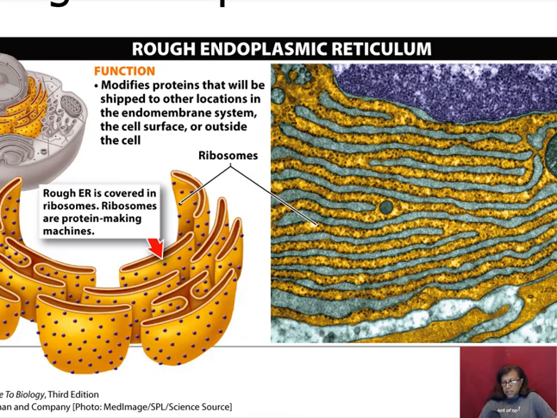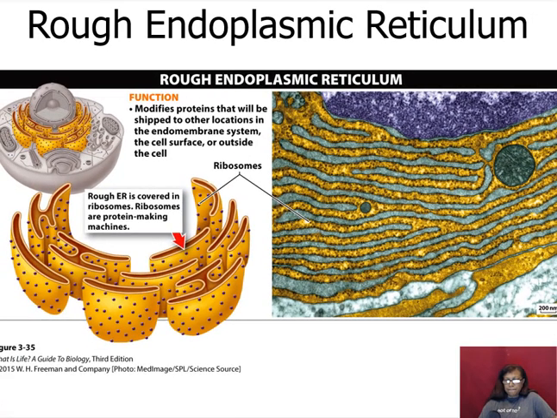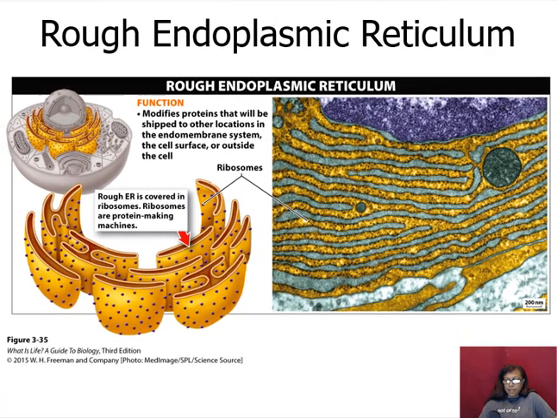Let's go ahead and shrink down again. This is just another look at the rough endoplasmic reticulum, and you can see this is an actual electron micrograph of the rough endoplasmic reticulum, in addition to the cartoon view that you'll see with it studded with ribosomes.